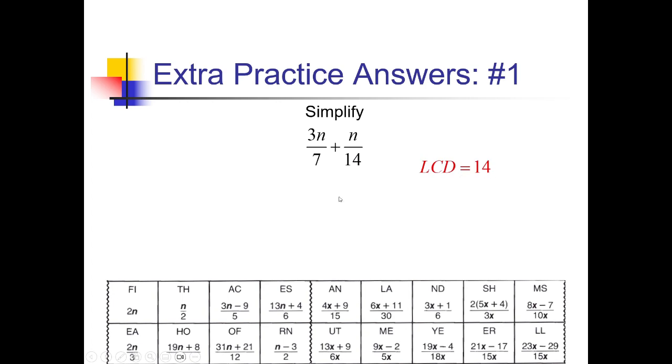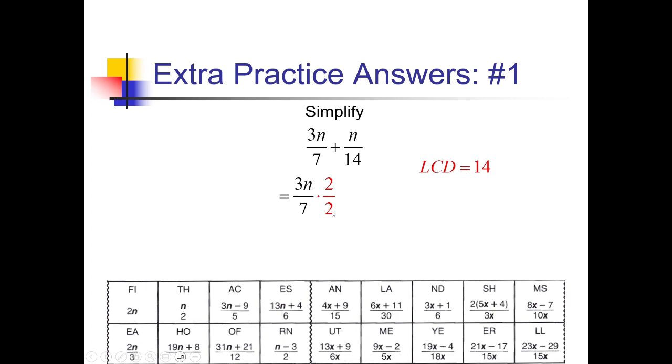Now I'm going to multiply each fraction by whatever it needs to get that LCD in the denominator. You can figure this out by just dividing the LCD by whatever is already in the denominator. So for example, 14 divided by 7 is 2. So I'm going to multiply this first fraction by 2, but I have to do 2 over 2 because I'm really just multiplying by 1.